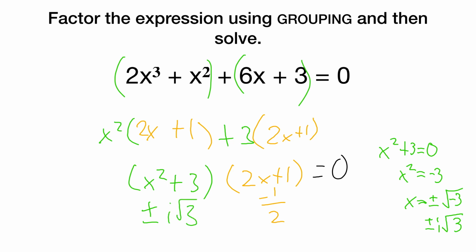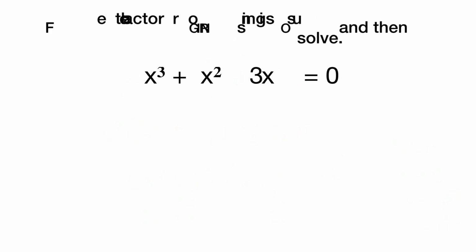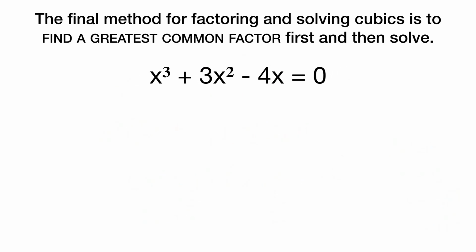By the way, if you see these in the future, you don't have to necessarily show that work if you know this. So, final method for factoring and solving cubes is to find the greatest common factor, then solve. So if we did this, greatest common factor between these is x. That becomes x times x squared plus 3x minus 4 equals 0.